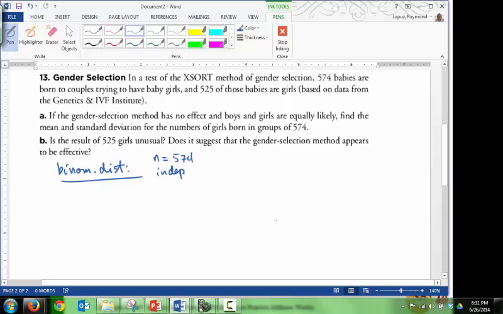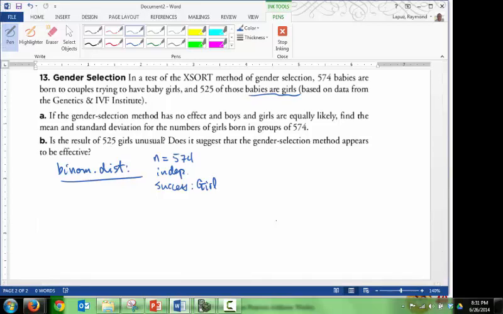Out of the babies being born, they can either be a boy or a girl. In this case, our success is a girl, and our failure is a boy. Again, that's just relative to the problem.